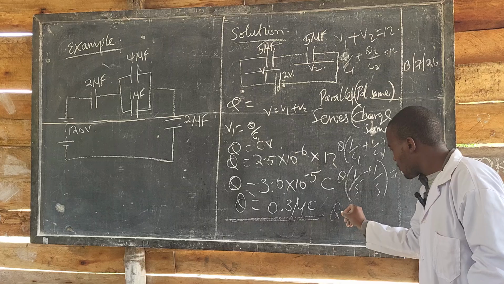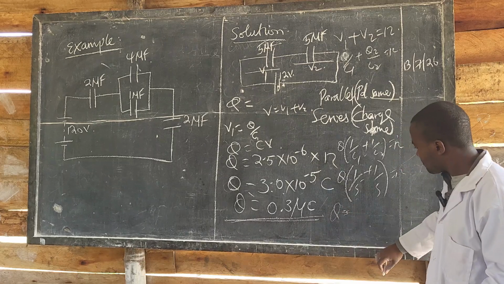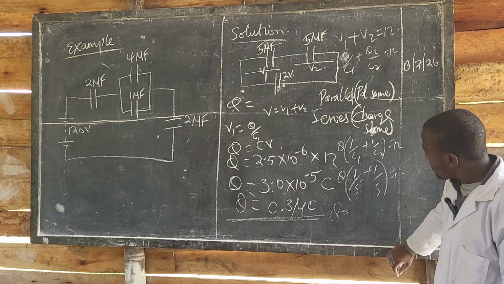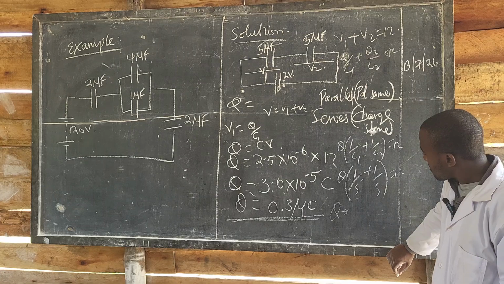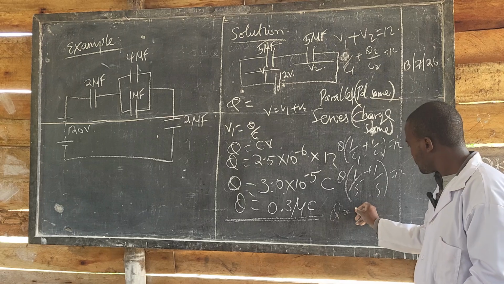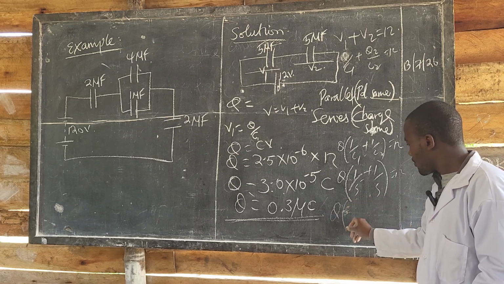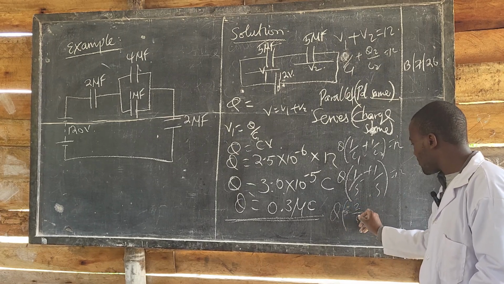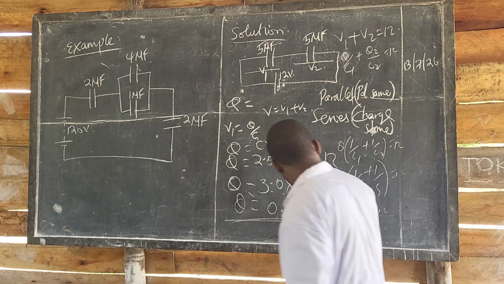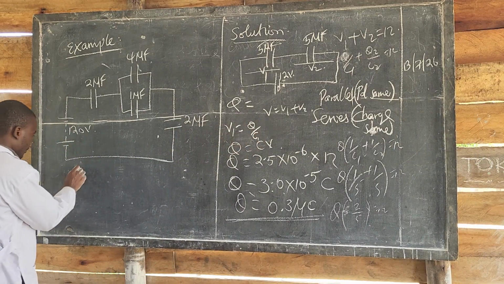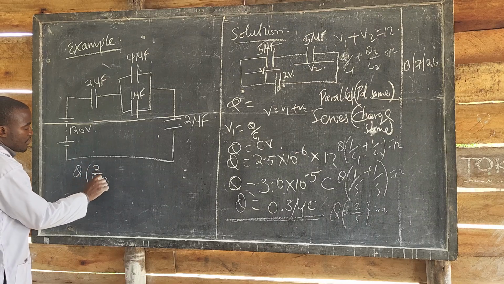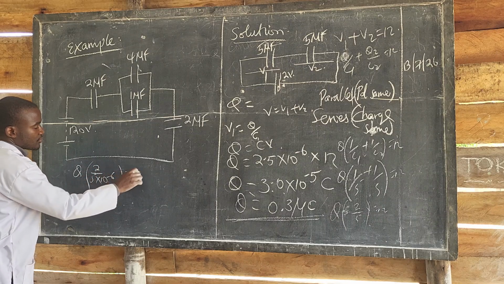So that Q is going to be, add this and see what you get. You will get 2 over 5 equals 12, such that we get Q times 2 over 5 exponent negative 6 equals 12.